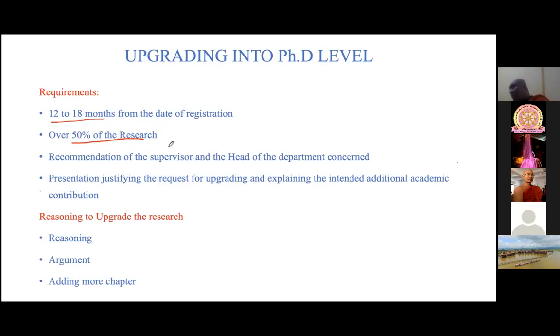For example, in your MPhil research you have already completed 4 chapters, but you have 1 more chapter; you can upgrade it and then complete it at PhD level. They could accept this also. Third, the recommendation of the supervisor and the head of the department concerned. These are the requirements.